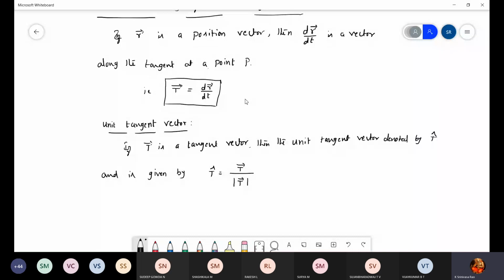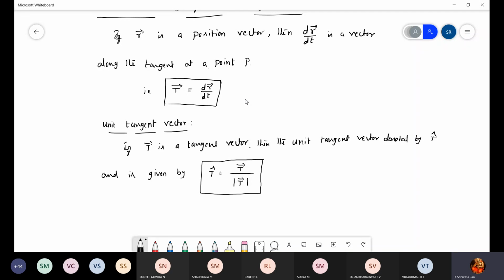If they ask for unit velocity or unit acceleration, whatever it is, it is a simple formula: the vector divided by its magnitude, whether it is T, or v, or acceleration a. This was the geometrical meaning of the derivative dr by dt.